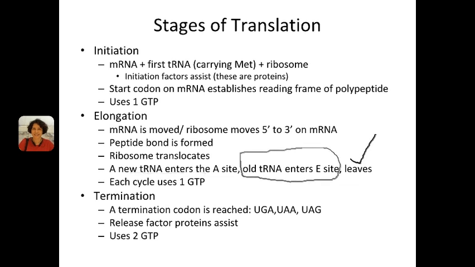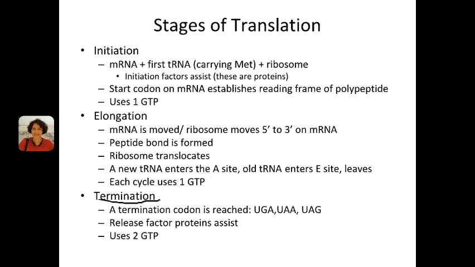At each elongation cycle we're going to add one amino acid, and it's going to use 1 GTP. And the elongation cycle is going to be repeated as many times as there are amino acids remaining in that polypeptide. Then comes termination.